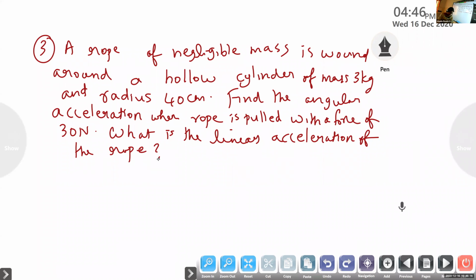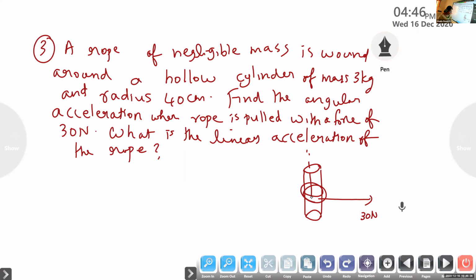First you have to understand: a rope of negligible mass is wound around a hollow cylinder. So this is the hollow cylinder. Suppose a rope is wound around it and it is pulled with a force of 30 Newton. And this is the axis of rotation.